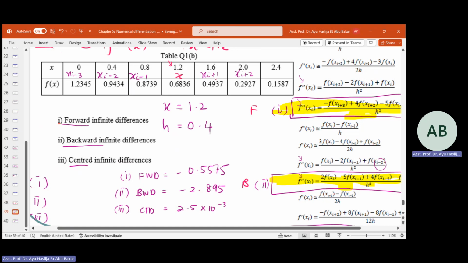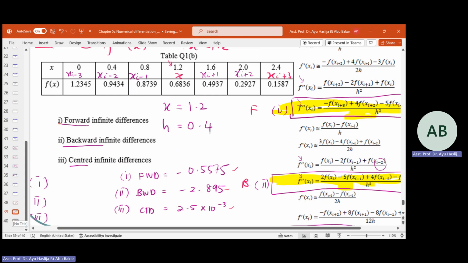Moving forward will be plus 1, plus 2, xi plus 3. So this is the x, and it already gives you the f(x). You just plug into the equation, then you will get the value. These are the answers. Okay, you can try at your own time, this one later.